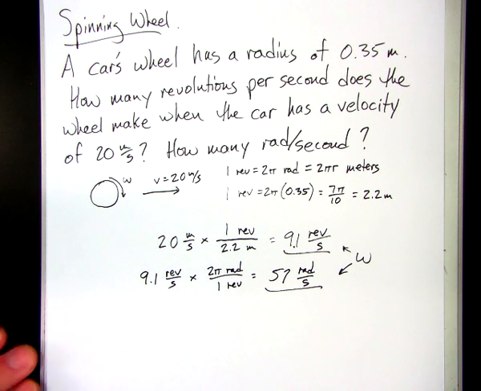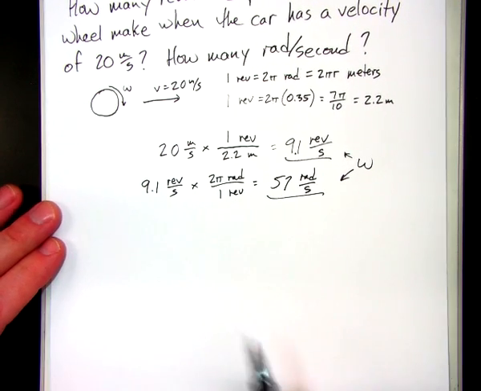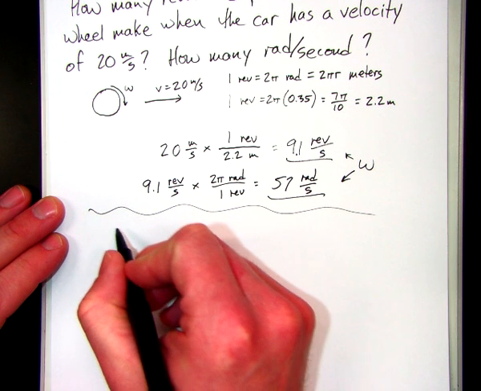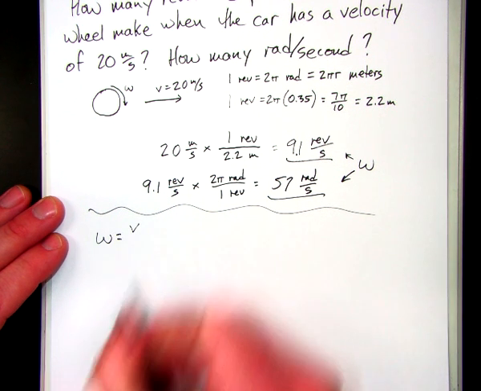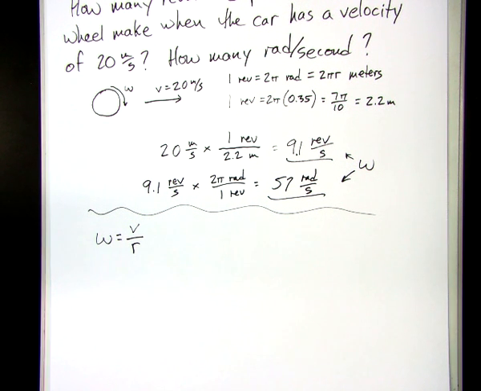All right, a second way you can find this angular velocity is to use another expression. Omega is related to linear velocity simply by the radius. Now, we derived this expression in terms of radians. If you want it in terms of revolutions, there would be a 2 pi in there.